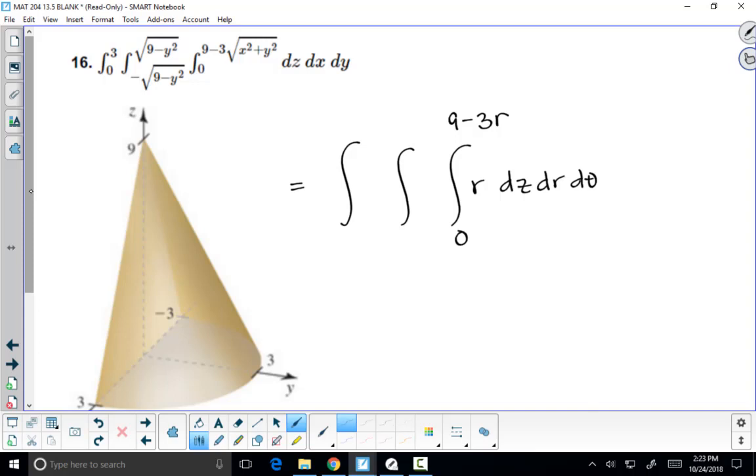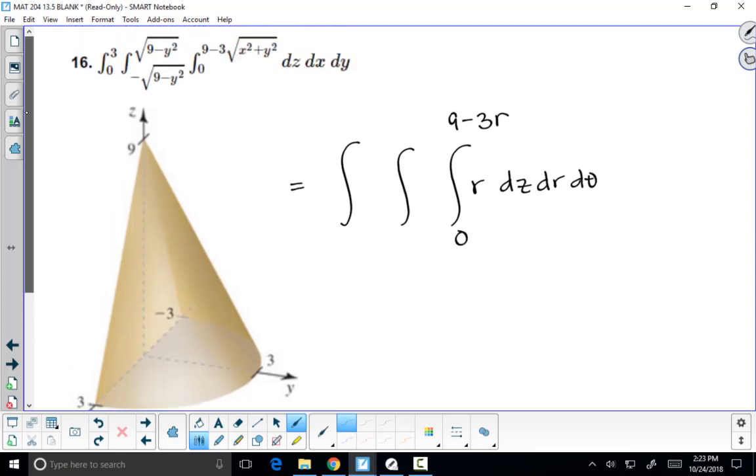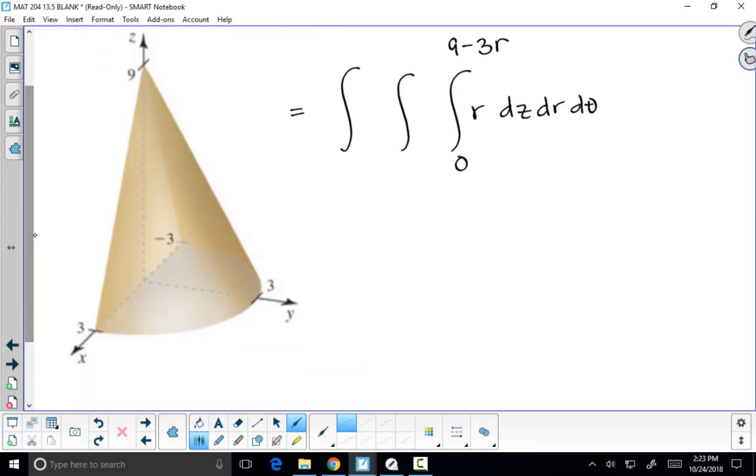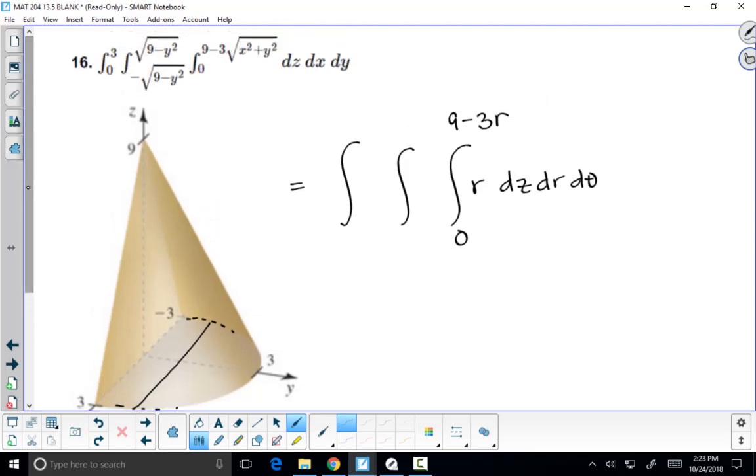This is way simpler than this right here. Can you see what this is doing? This is an x, and it's going from the back semicircle to the front semicircle. So it's going minus square root to plus square root to go from the back semicircle to the front side of the semicircle.